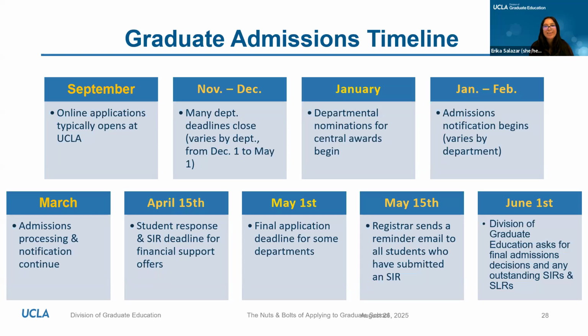In other words, if you were accepted into a graduate institution and you were provided a funding offer, then you should respond by April 15th if you decide to go to that program so that you are guaranteed that financial support offer. Because after this deadline, that is no longer guaranteed. So most graduate programs will send you admissions notifications before this April 15th deadline so that you can make an informed decision and decide on which is the right graduate program fit for you.